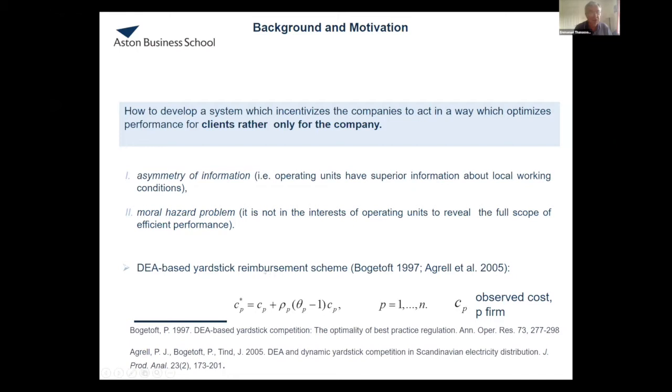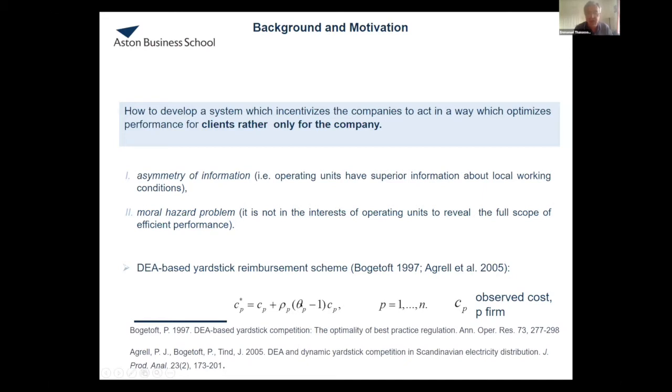So this was addressed already in papers by Borgetoft and Grell and others, and they come up with a formula in essence to incentivize companies, where the revenue, C star, that you permit a company in order to deliver the services that it does deliver, would be equal to what you observed the cost to be, plus a factor O, which is subjective by the regulator, but let's call it 1 for the moment, so it's as if it's not there.